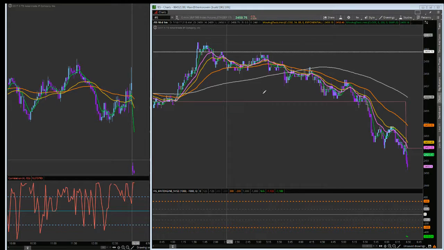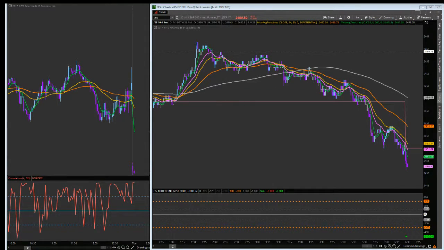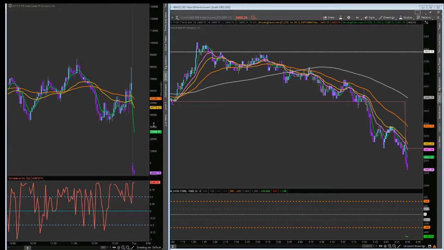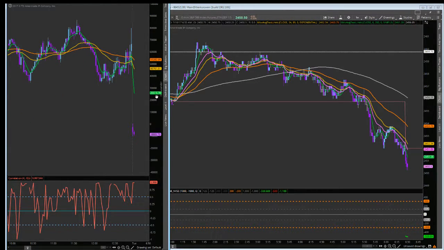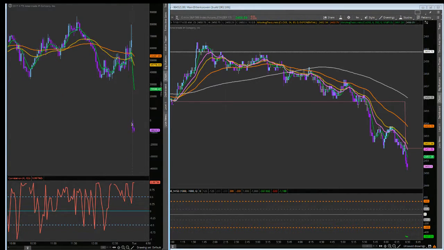Okay, we might get another push down here. Right, the effectiveness chart clearly showing being effective, pushing to the downside. That's the way to read that.